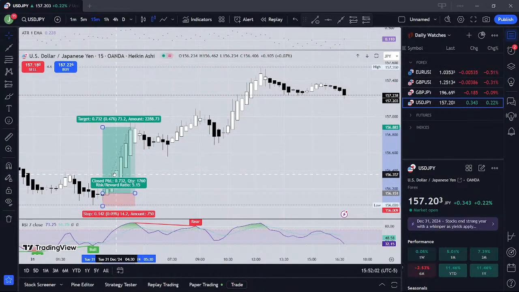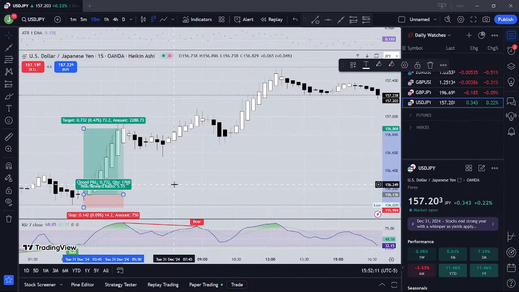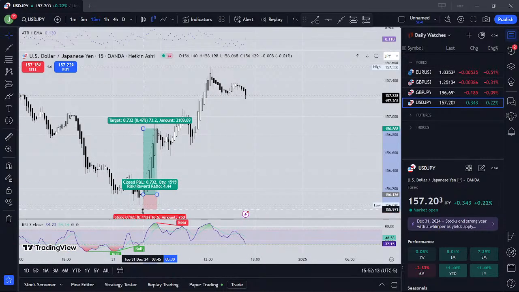Let me see if it's the same for here. I enter a candle right here. ATR is at 1.3. Enter right here.